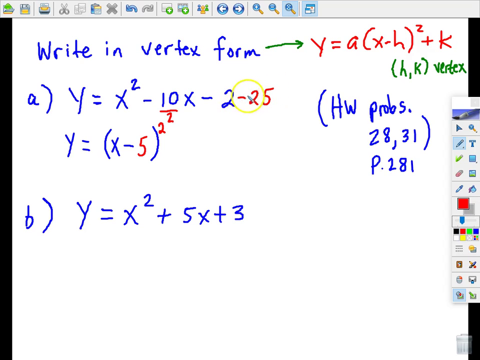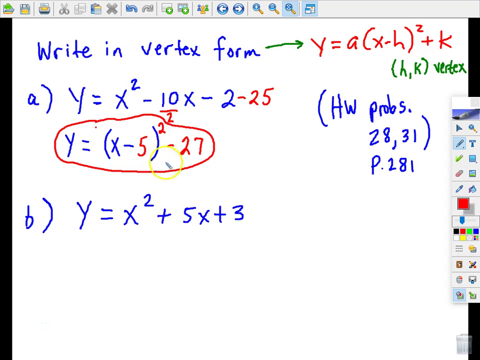You always subtract this h number squared from your standard form. Now these two constants at the end, -2 minus 25, you put together and you get -27. And so the original standard form that was in blue is now written in vertex form, which is here.